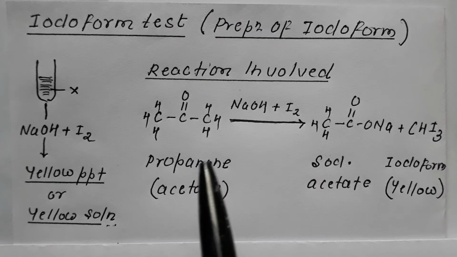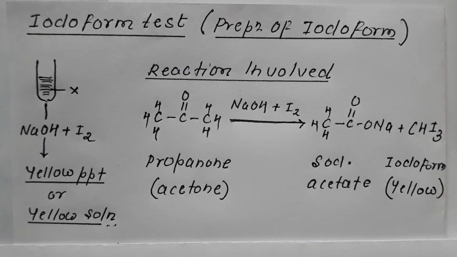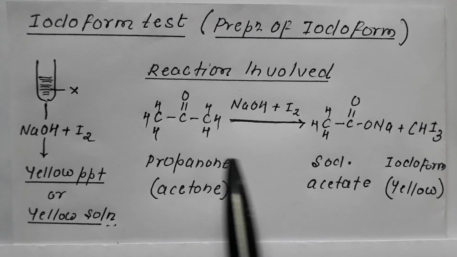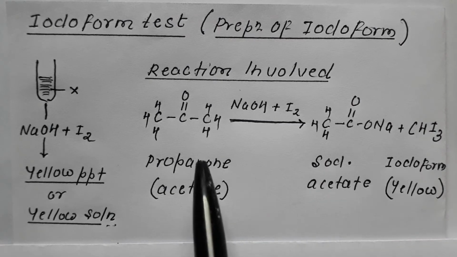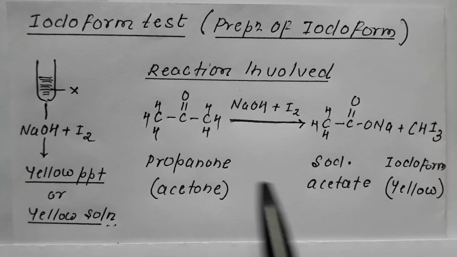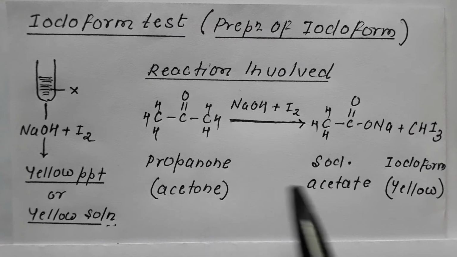Now looking at this reaction directly, it is not clear how propanone is converting into these two compounds. So let me elaborate how propanone-2 converts into a mixture of sodium acetate and iodoform.